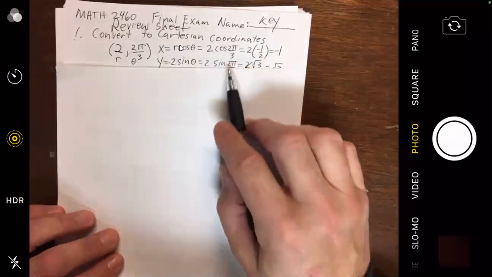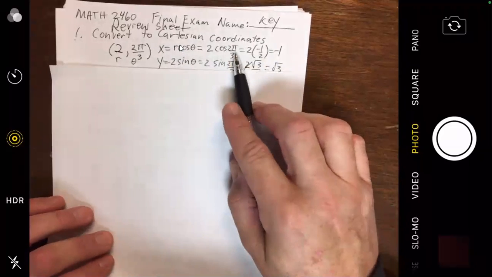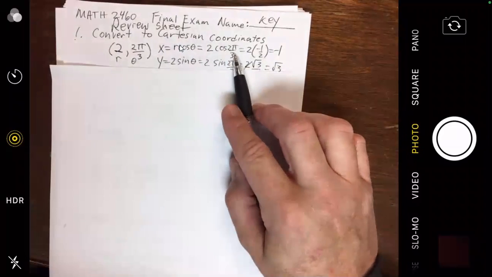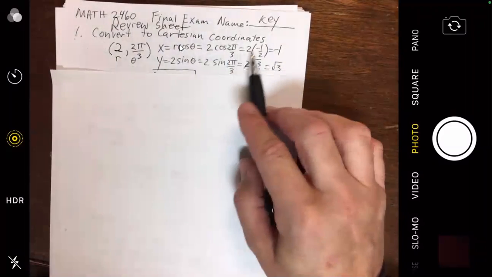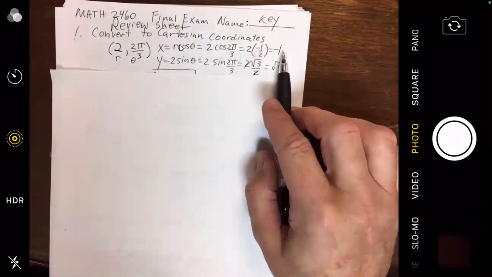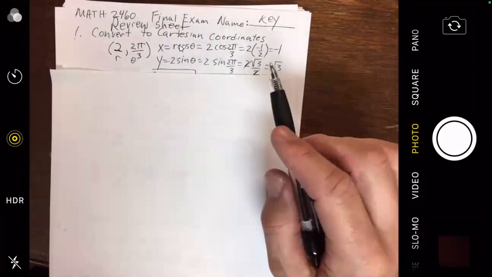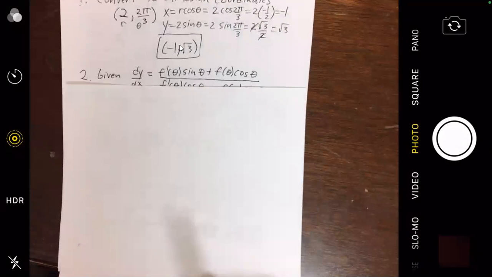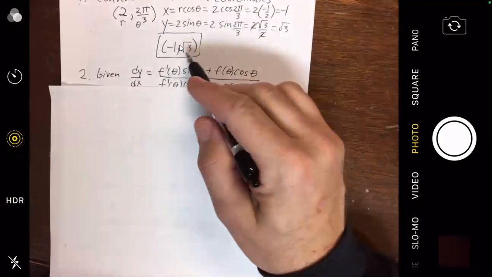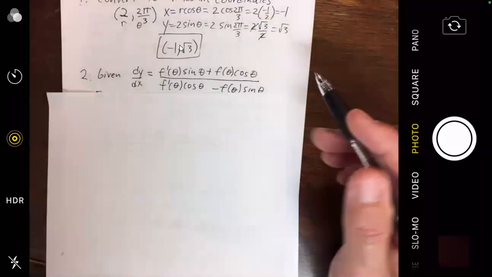So you plug and chug. Cosine of 2 pi over 3 is -1/2, and sine of 2 pi over 3 is √3/2, and multiply those by 2, and it works out to -1 and √3 because the 2's cancel. So your coordinate is -1 and √3 for an x and a y.